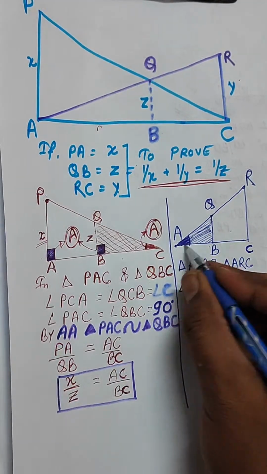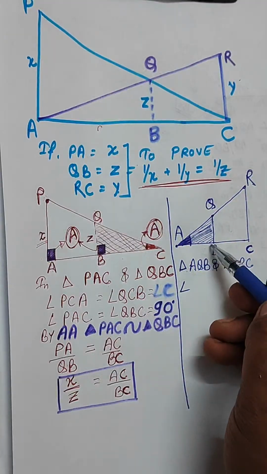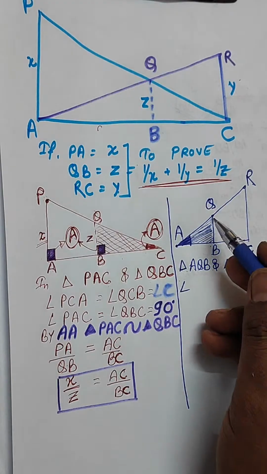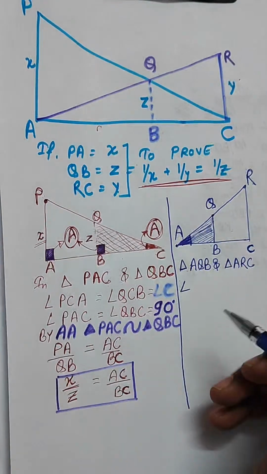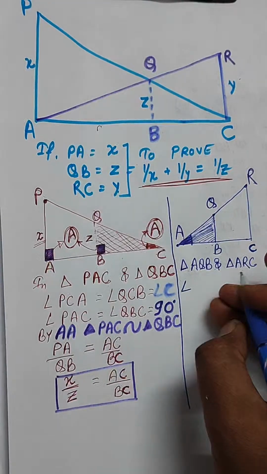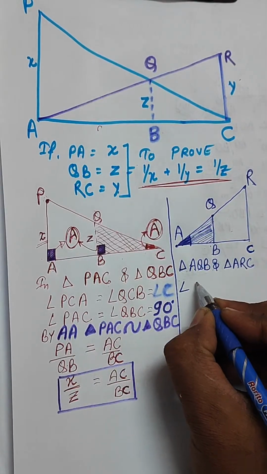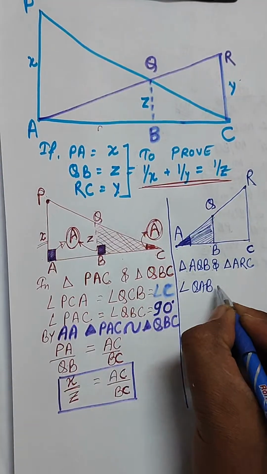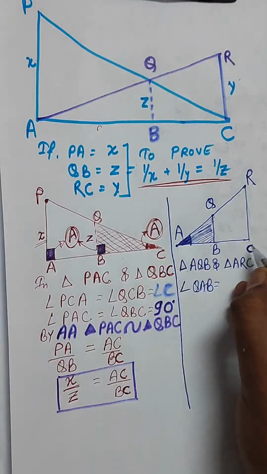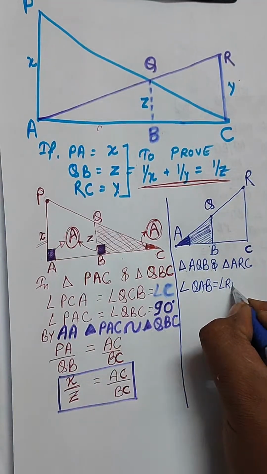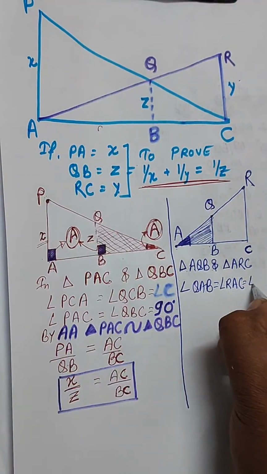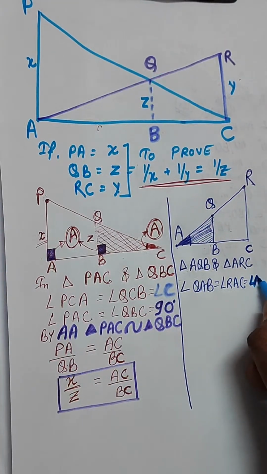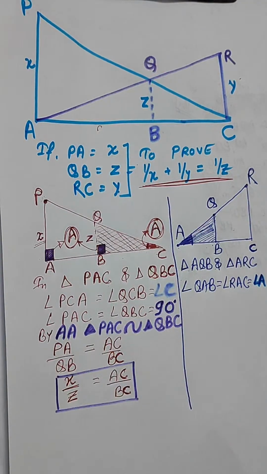Angle A is common, that means for the triangle AQB, we can write angle QAB is equal to angle RAC, because both are the same angle A, right?